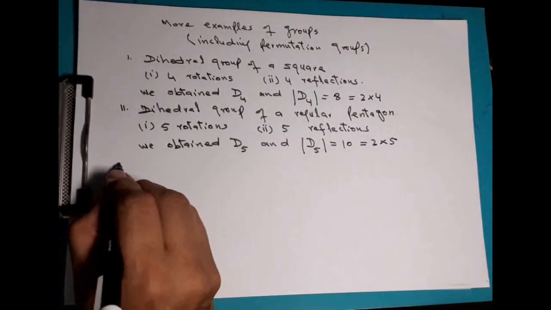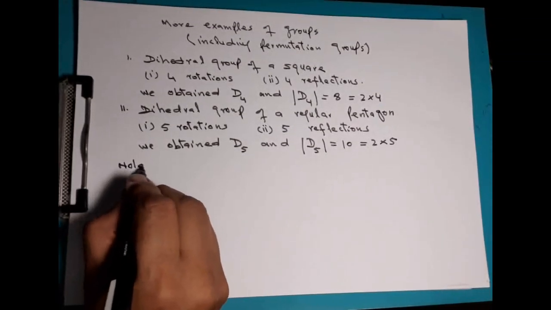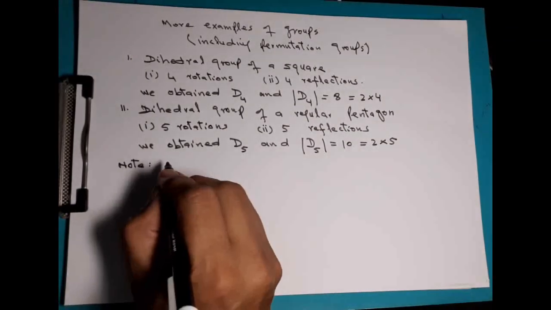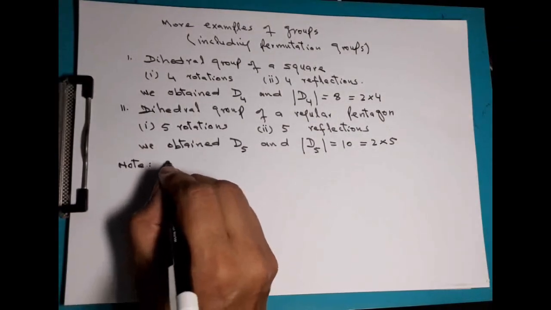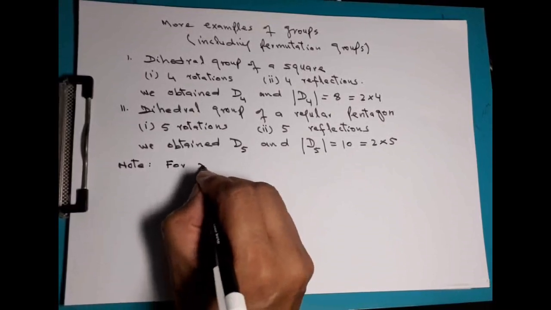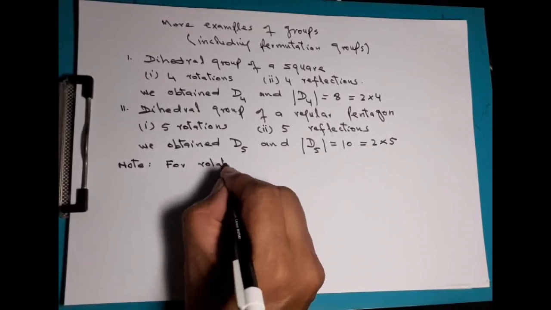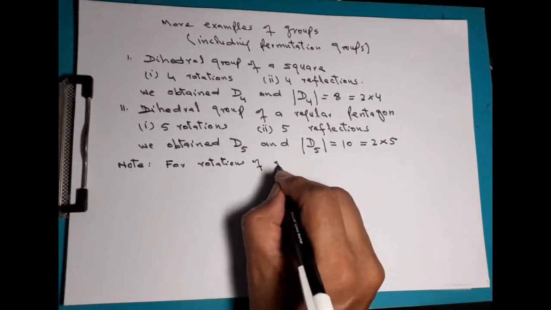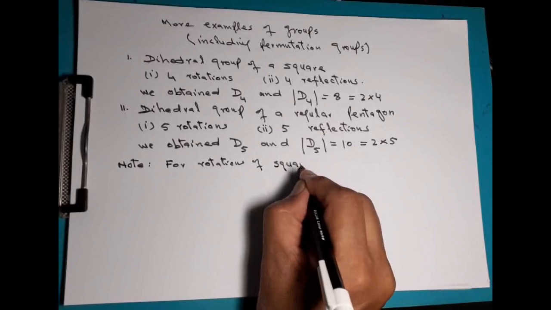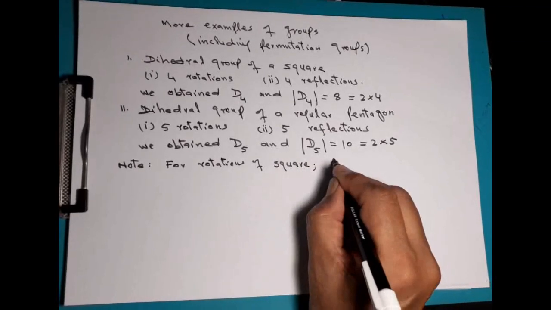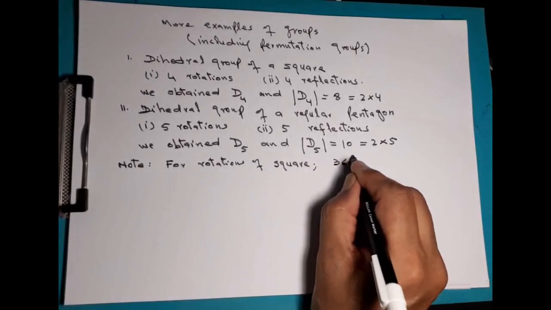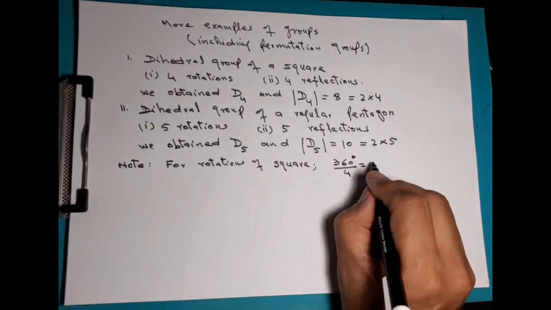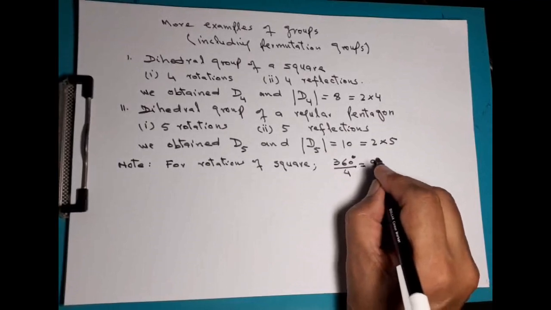Let's note one thing from our previous session, that when we considered rotations of a square, we divided 360 degrees by 4 and we took rotation through 90 degrees.